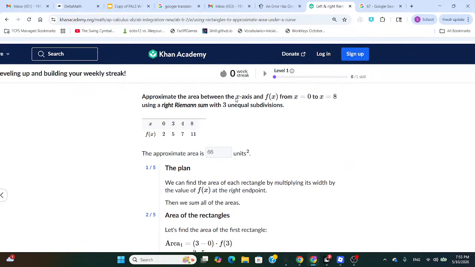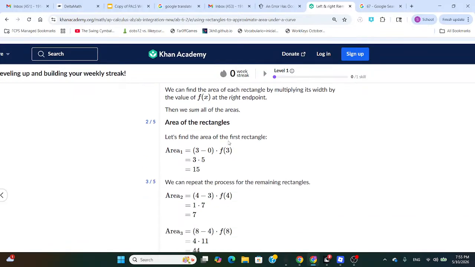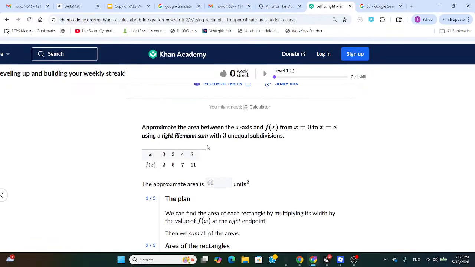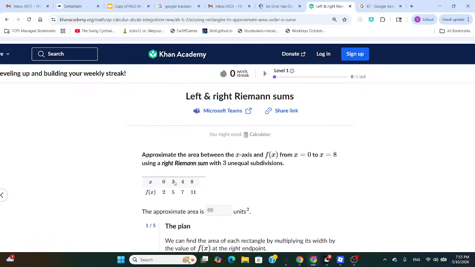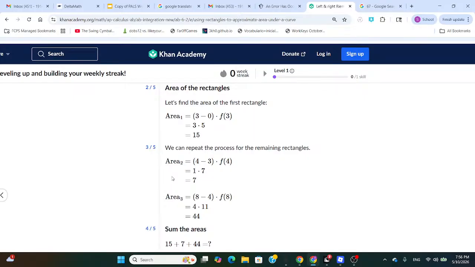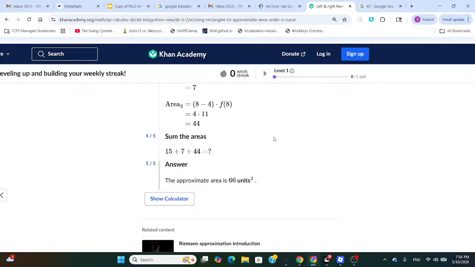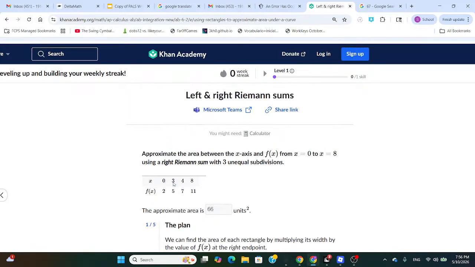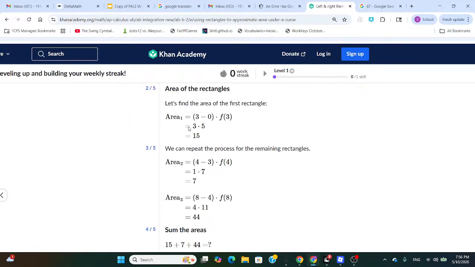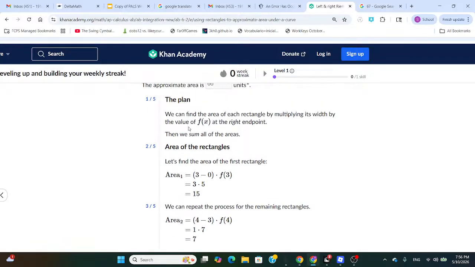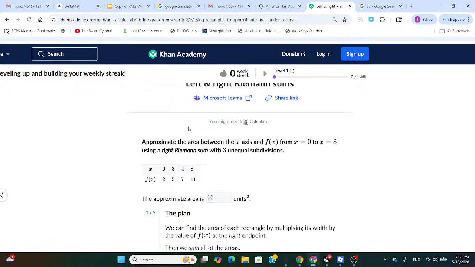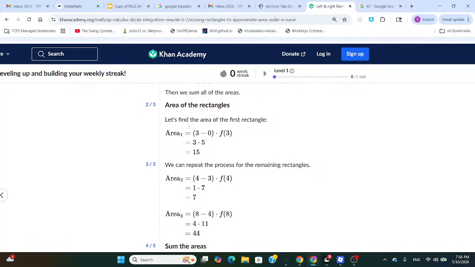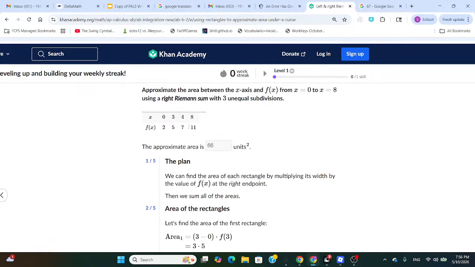At the right endpoint? 3 minus 0. Oh, from 3 to 0. And then 5 to 2. Oh, wait, what? 3 to 2 times 3? 4 minus 3 times f of 4.